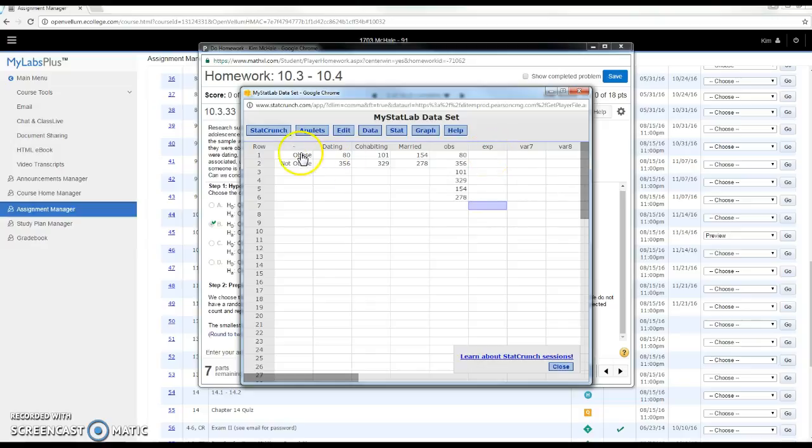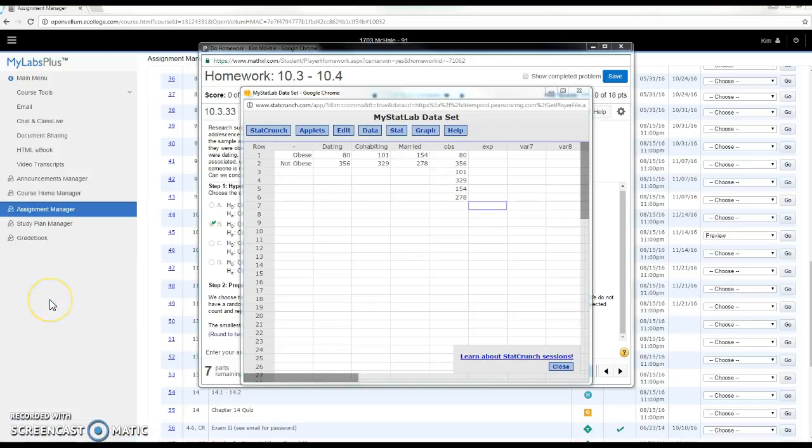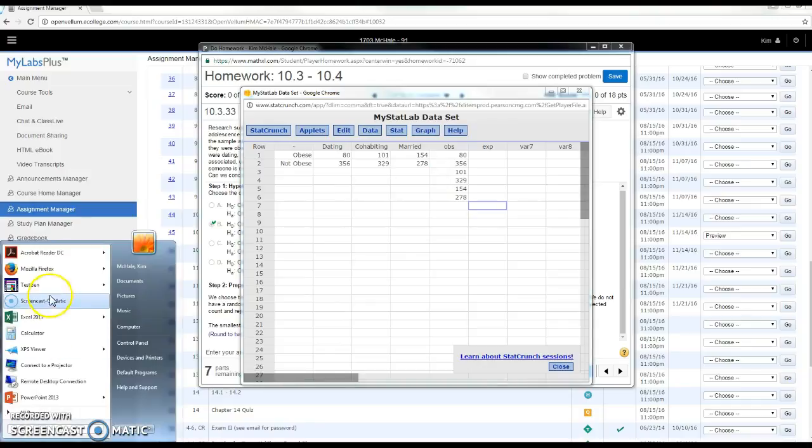The first thing I'm going to do is find out if none of these affected it, what percentage of the population would be obese. So I'm going to add all these up to get the total. Oops, I needed to do calculator.